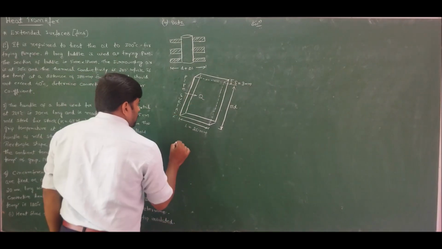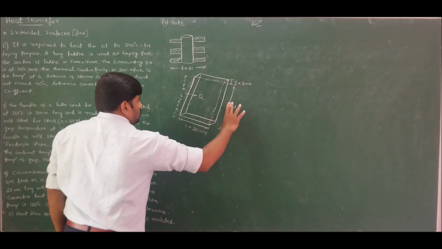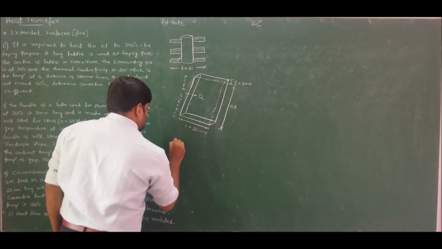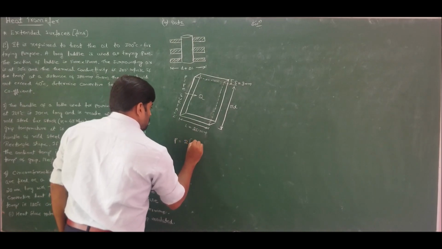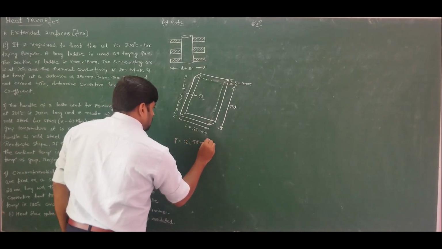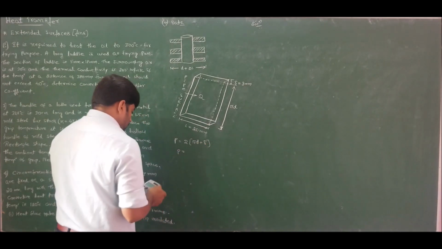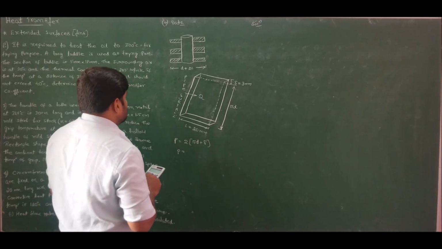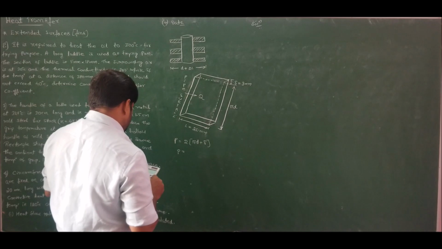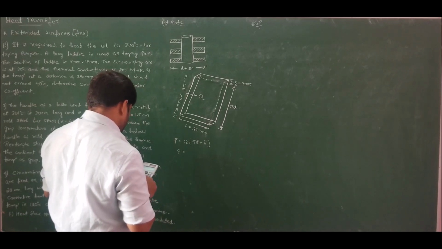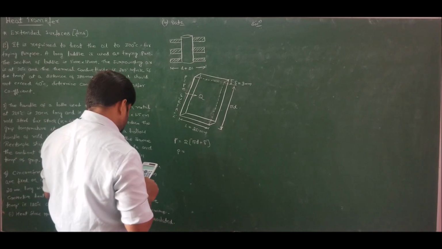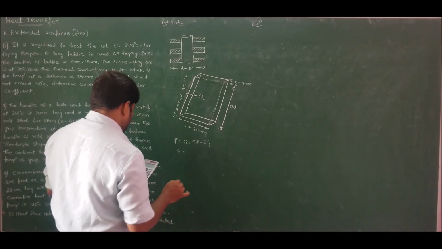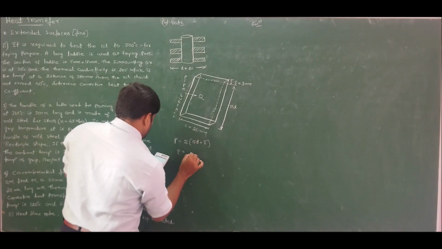Now the perimeter will be 2 times width plus thickness, that is 2 times (pi d plus delta). So the perimeter will be 2 times pi into the diameter of the pipe, 50 mm, that is 0.05 meters, plus 2 times thickness, 3 mm, 0.003, which turns out to be 0.3216.